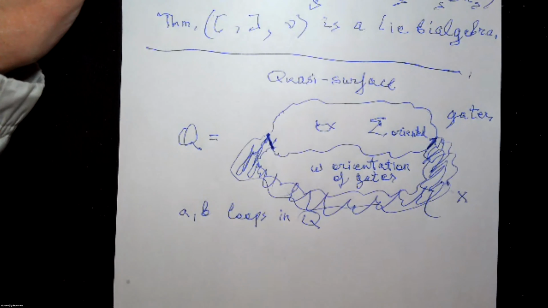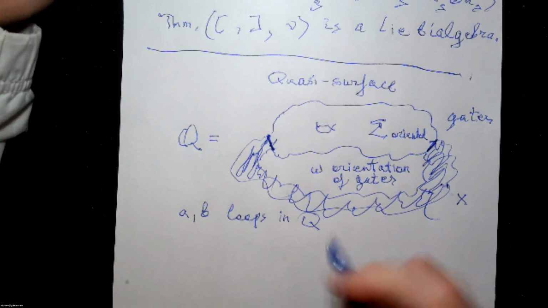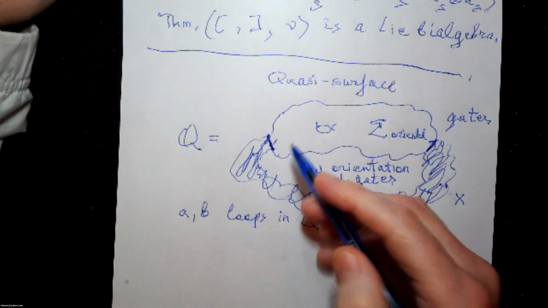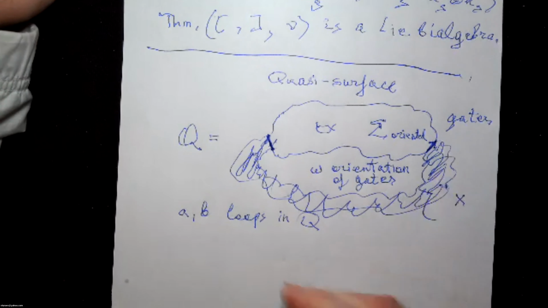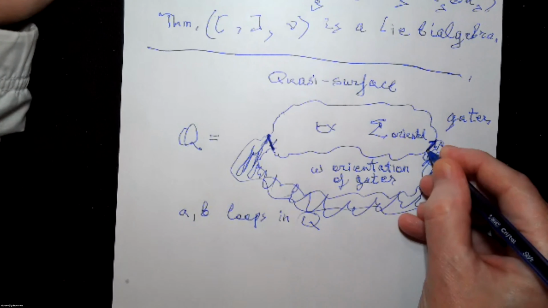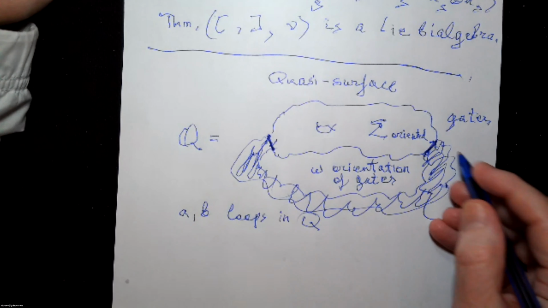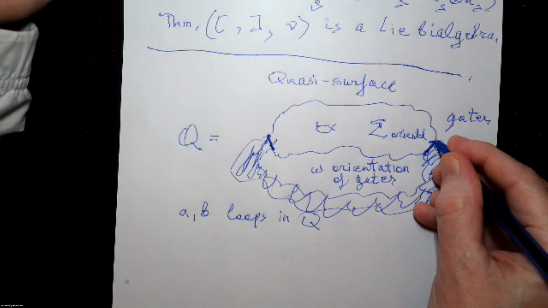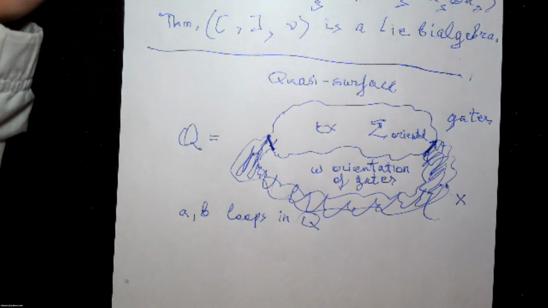Now the idea is this: you can push the loop A so that it crosses every gate near the beginning of the gate, and we push the loop B so that it crosses every gate near the end.